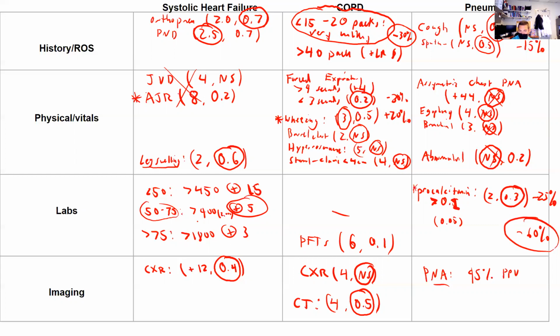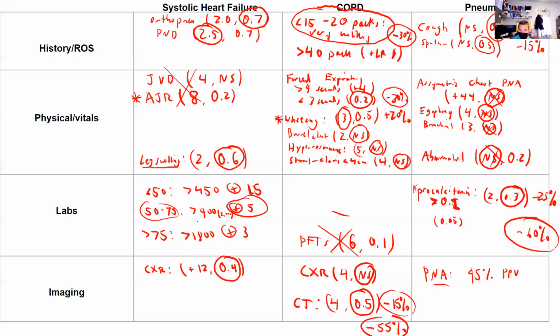The other ones weren't really helpful. We didn't have PFT, so that wasn't helpful. And we did have a previous CT that did not show any emphysematous changes, so that made it negative 15%. So total for COPD now, negative 10, negative 40, negative 55%.